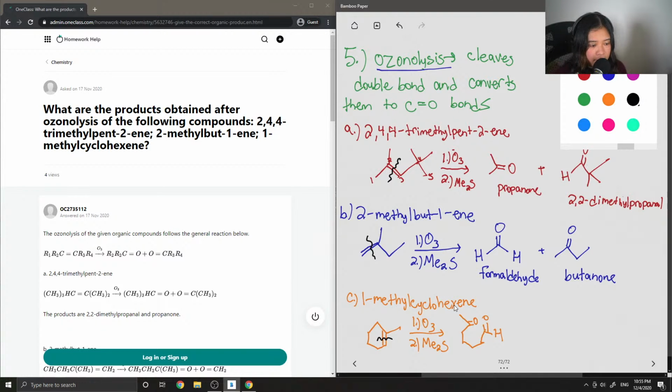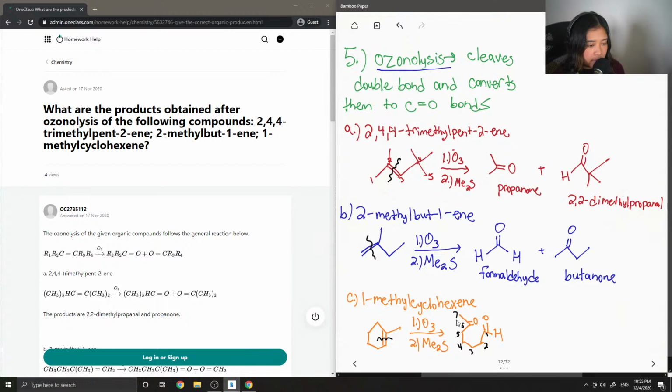Okay, so let me count out. We should have 7 carbons here. So there's 1, 2, 3, 4, 5, 6, 7. Yep. So if I were to show the same 7 carbons, it would look like that.